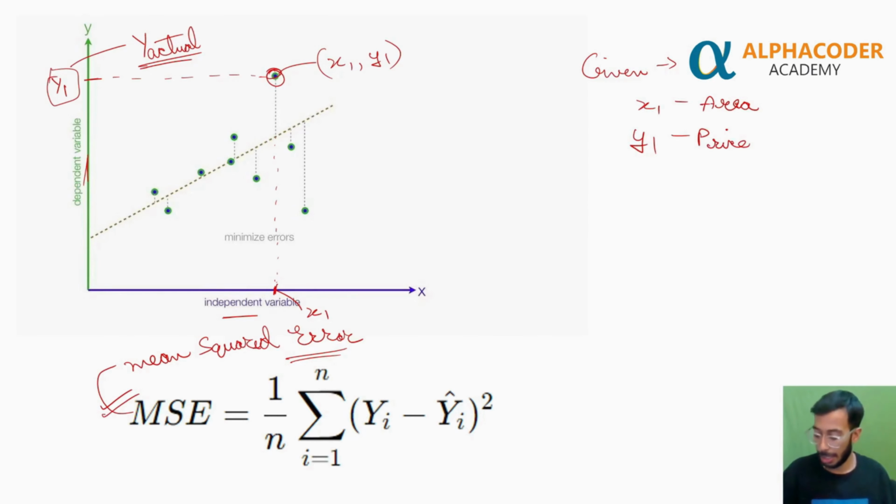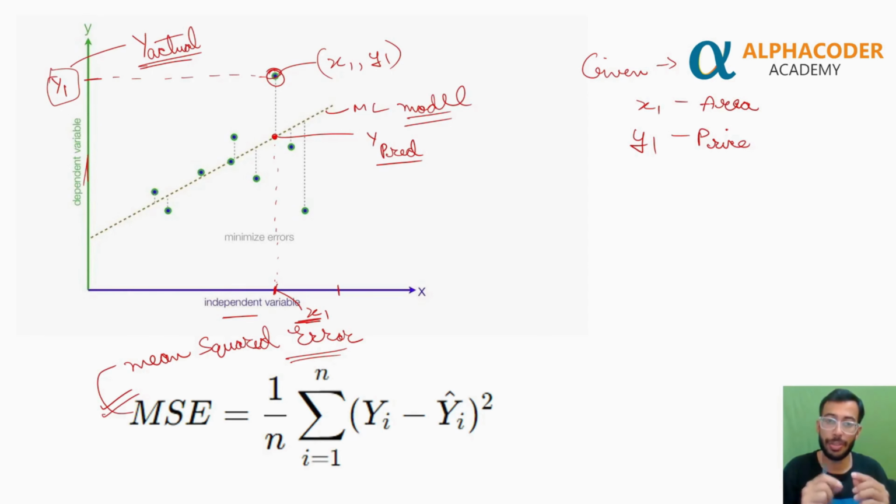But let's say we need to find out the price for some other area. That's why we are building the machine learning model. Just to give you an example, for x1, this particular value would be y predicted, because this point lies on this machine learning model, this linear regression line.